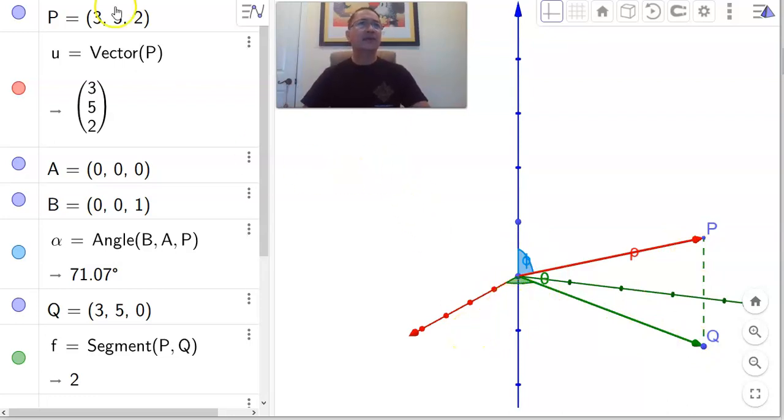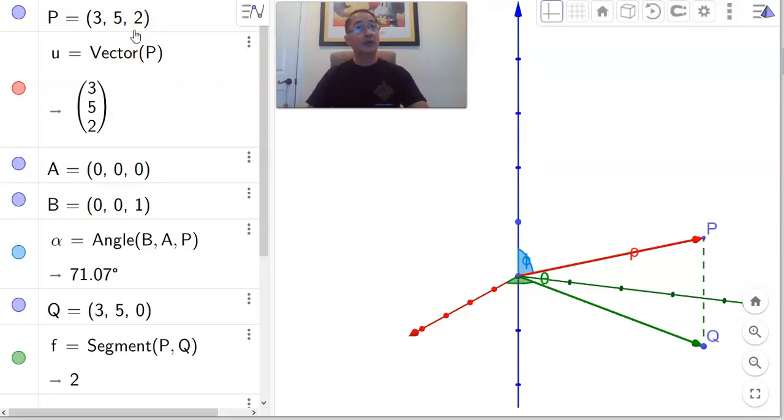So yeah, can we do the arithmetic in our head? 9 and 25, 34, and 4, 38. So square root of 38 is our distance, our rho. What is our phi? The z coordinate is still 2, over the distance, so 2 over square root of 38.